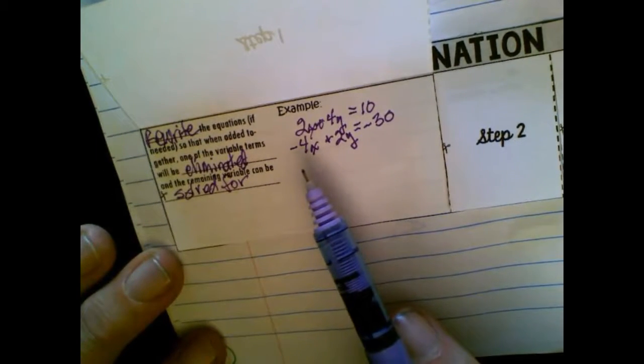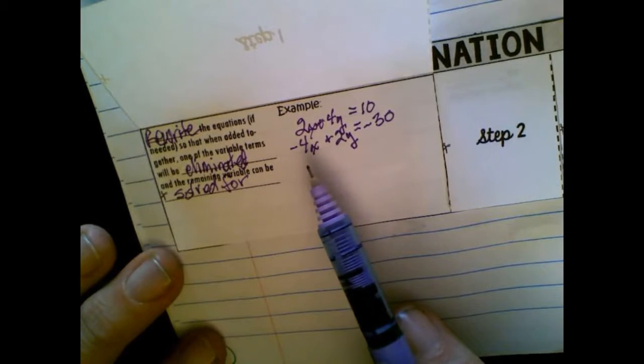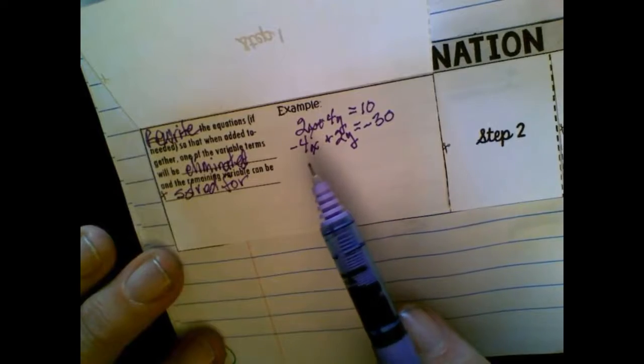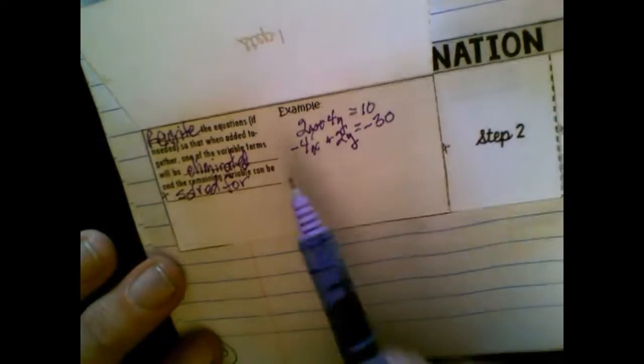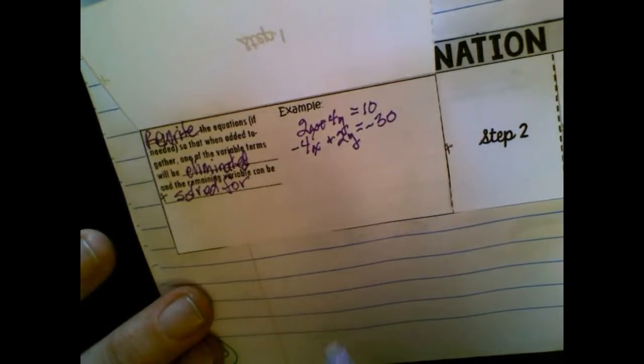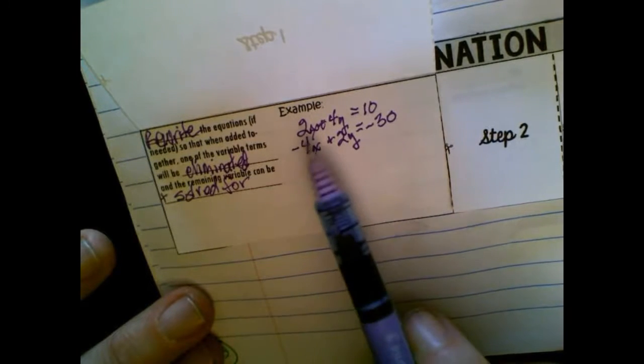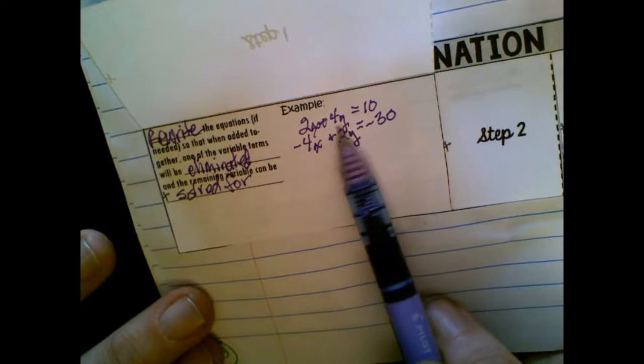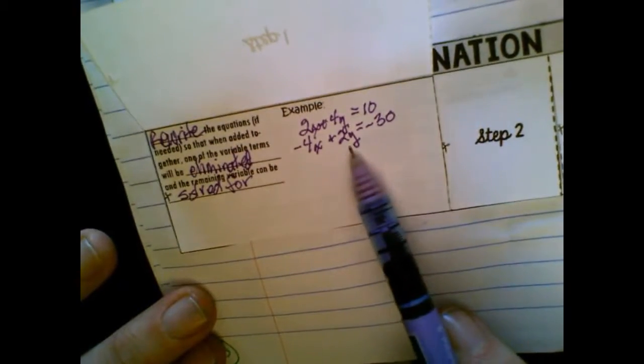So we could do a couple of things. Either way, I should say, we're going to need to multiply by 2. So we're going to either multiply this top equation by 2 or this bottom equation by 2.